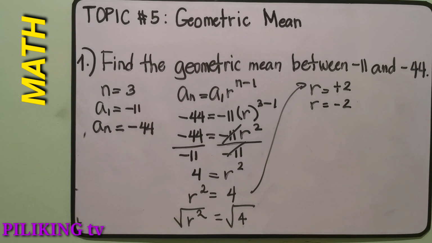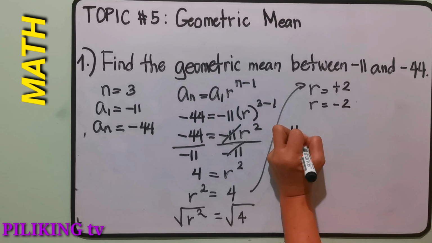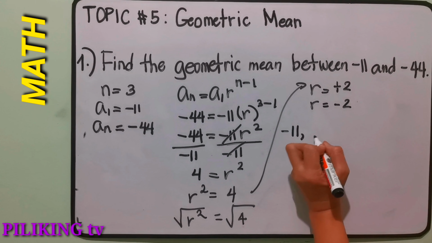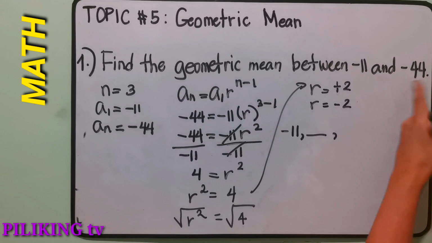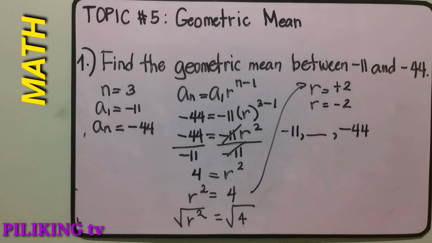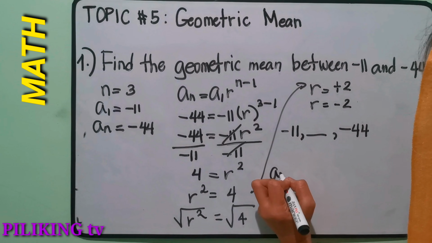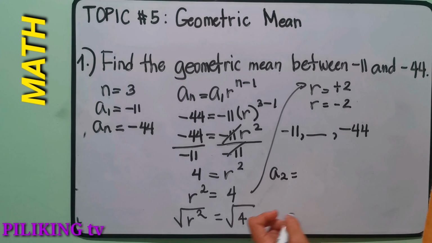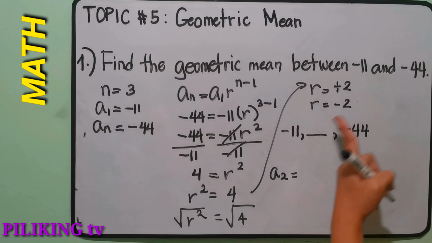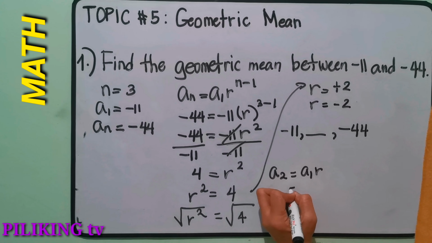Okay? So what is now the geometric mean between -11 and -44? So let us write the first term, -11, since we are looking for only one. And then we have -44. Okay, so again, since we are looking for the second term, the second term, or a sub 2, is equal to the first term, which is -11 times r.